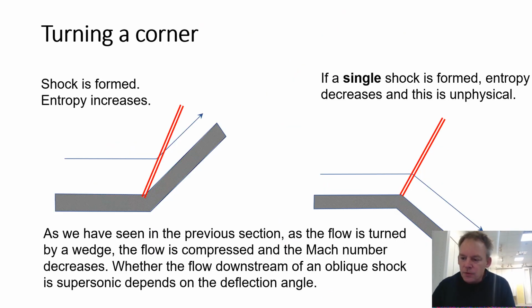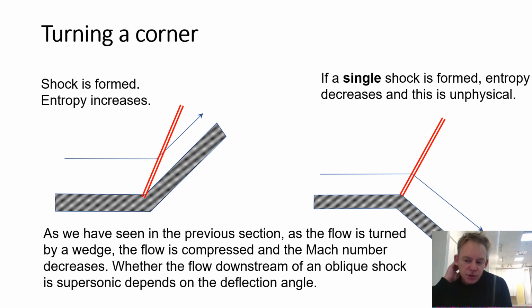So just a few comments about turning a corner. What we saw last time, as we've seen with shocks and some of the crudeness of the angle of deflection here, it's obviously very steep and exaggerated, but due to the formation of a shock, entropy will increase.